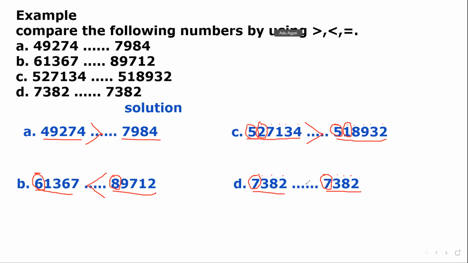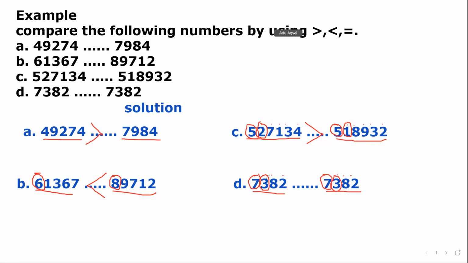Because they are having the same first digit, you move on to the next digit. Now here it is 3. The next number from this side too is also what? 3. They are also the same. Then you continue to compare.